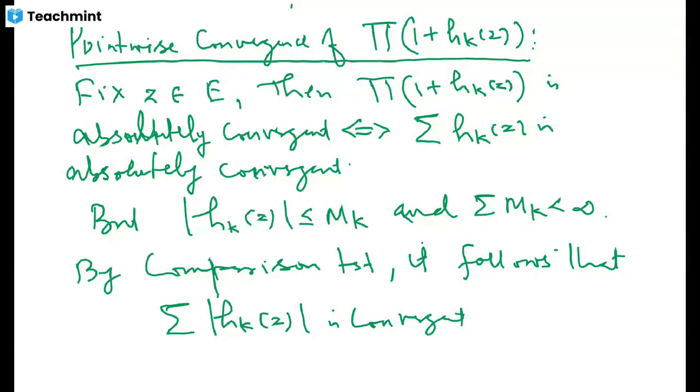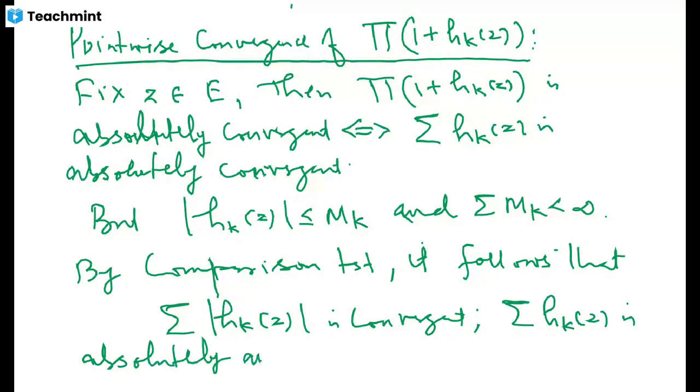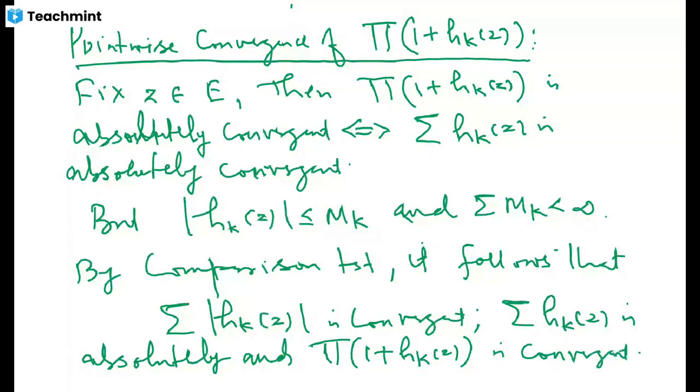When the series is convergent, we say that the series h_k(z) is absolutely convergent. And so if this series is convergent, what follows from the necessary and sufficient condition is that this product 1 plus h_k(z) is absolutely convergent, and absolute convergence is always convergent. So this is convergent for each z, and hence it defines a function.